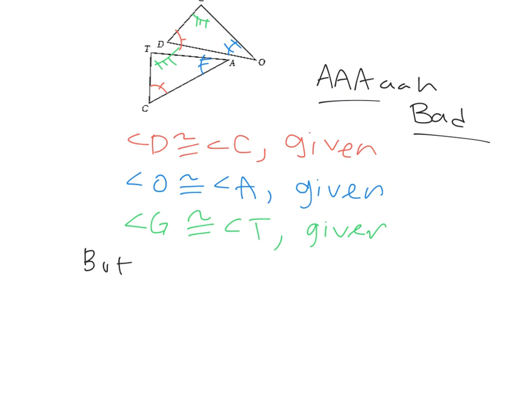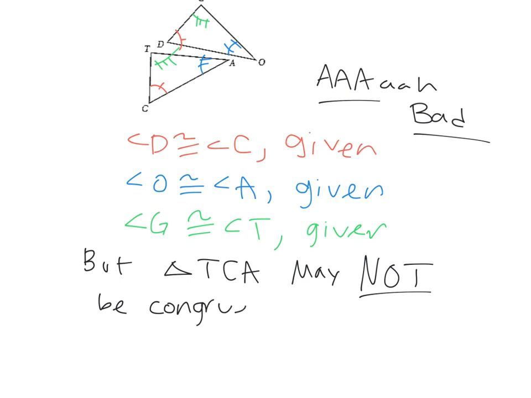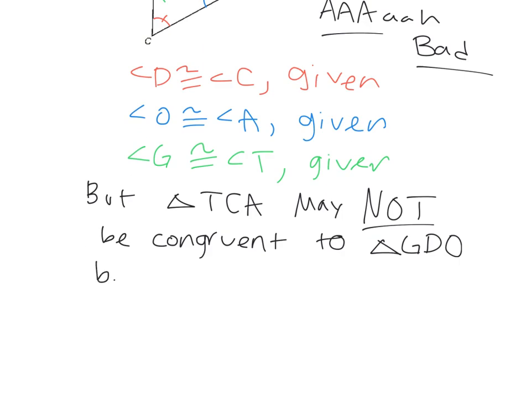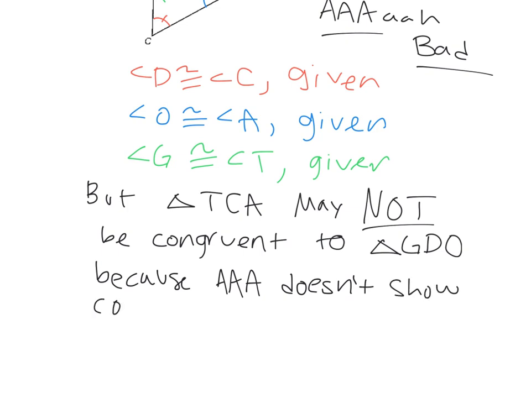So, triangle TCA may not be congruent to triangle GDO, because AAA doesn't show congruency.